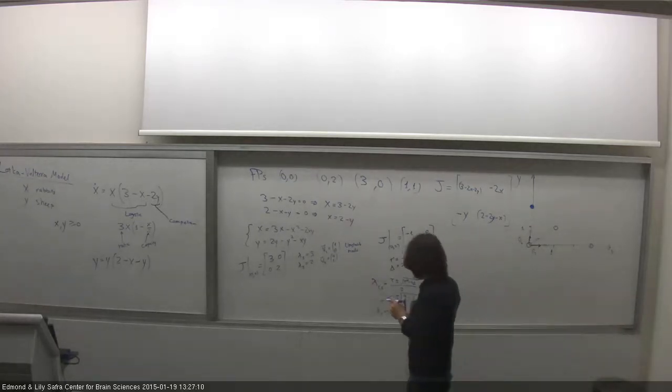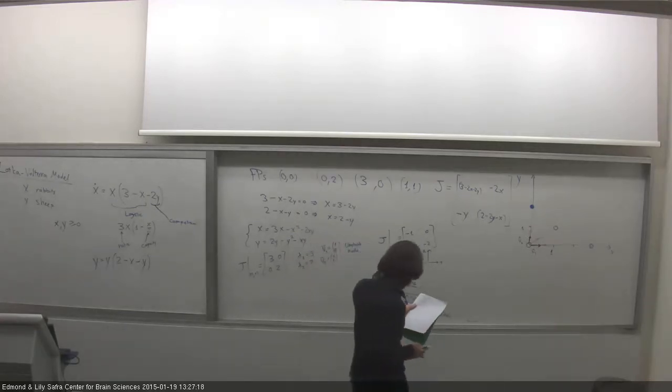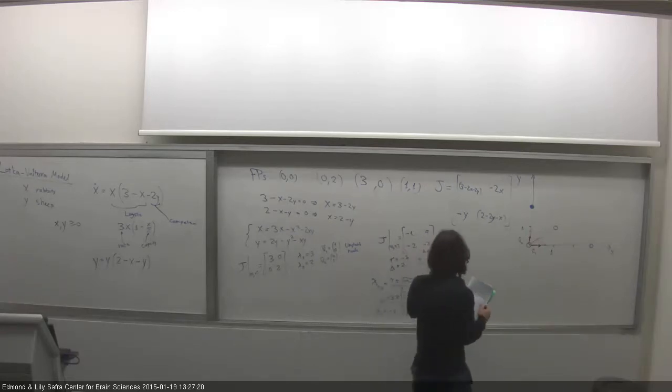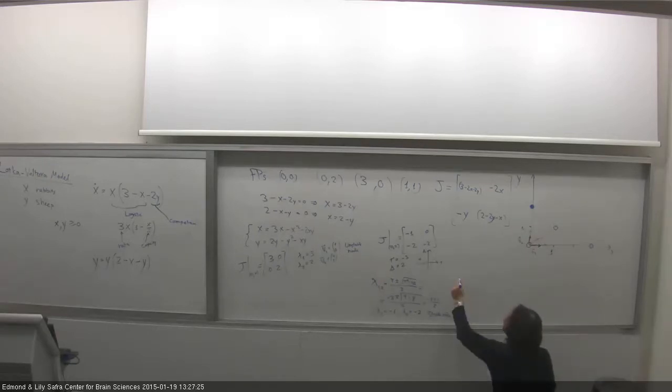Okay. And then I would like to find the eigenvectors. So, writing this: minus 1, 0, minus 2, minus 2. This is for V1, R1, S1.